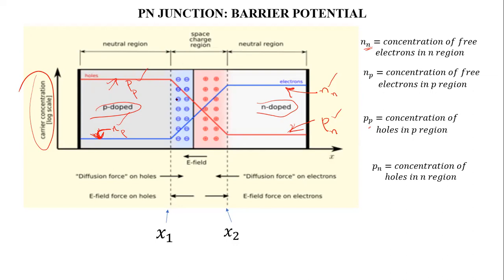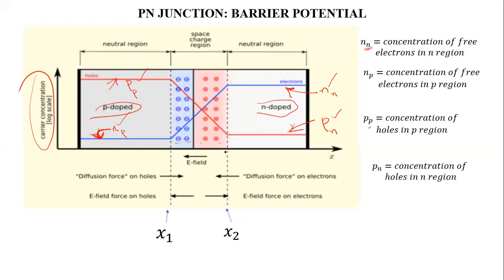So this is the depletion region or space charge region. On the p side, after accepting one free electron, the atoms become negative ions like this. After donating one free electron, they become positive ions. So the space charge region forms your depletion region.